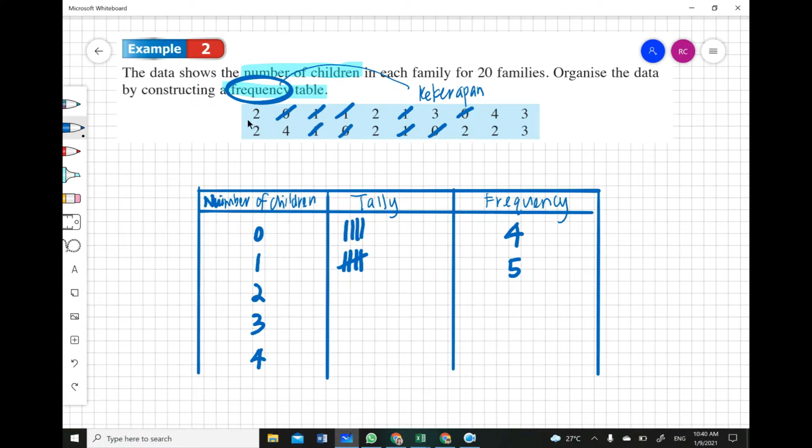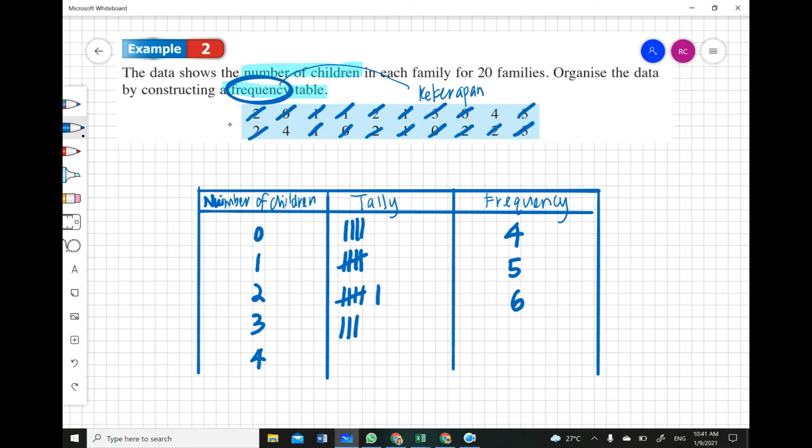For number 2, we need to count: 1, 2, 3, 4, 5, 6. I make it fast sometimes by just counting everything like that, so you don't have to waste time one by one. You jot down the tally. The frequency is 6. Then number 3, I go back to the method I showed you. Each 3, you make a marking.